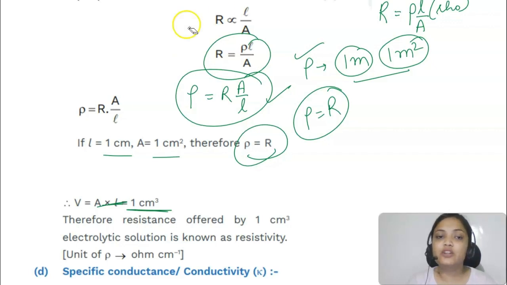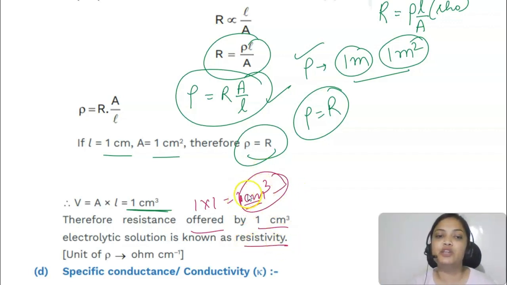Here we are talking about solutions in chemistry, not wires and all. So volume in this case is 1 into 1, so it will be 1 centimeter cube. So the resistance offered by 1 centimeter cube of the electrolytic solution will be known as resistivity, because centimeter cube is the unit for volume.